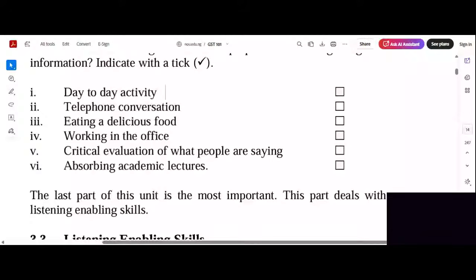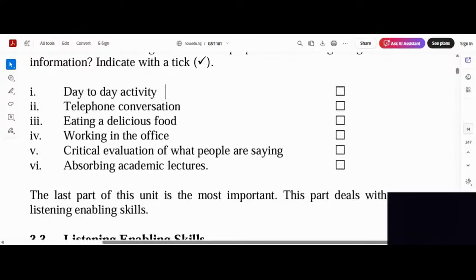Okay, so we are isolating day-to-day activity and eating a delicious food, while telephone conversation, working in the office, critical evaluation, and absorbing academic lectures we are classifying as listening for specific purposes.